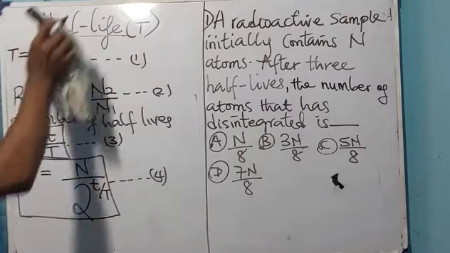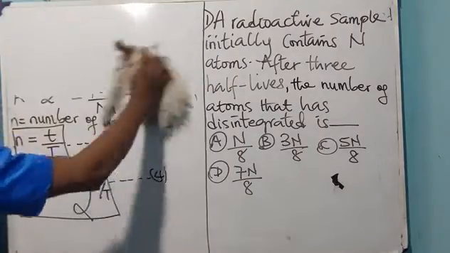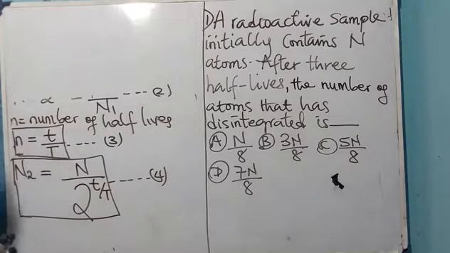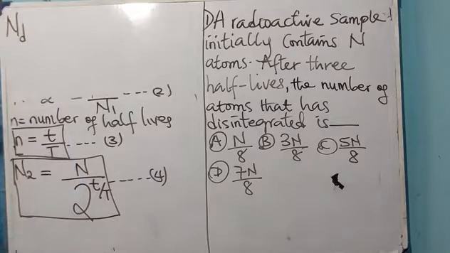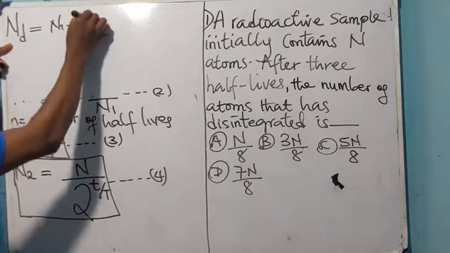Equation 4. And again, when it comes to the number of atoms that has disintegrated, or the number of atoms that has decayed, you say Nd. Nd is equal to N1 minus N2.